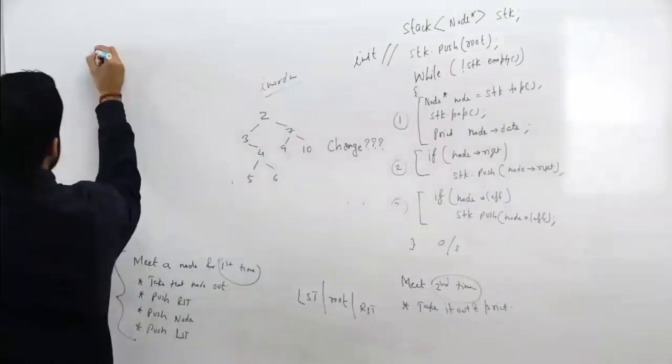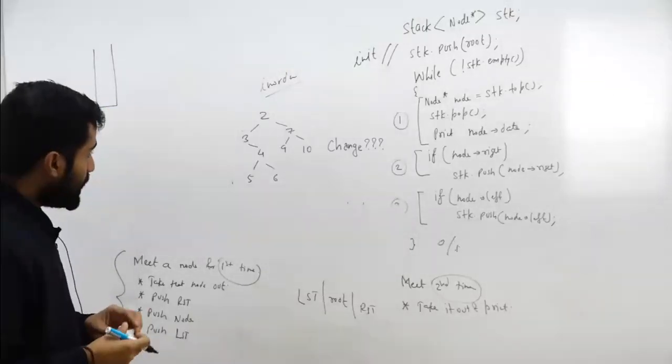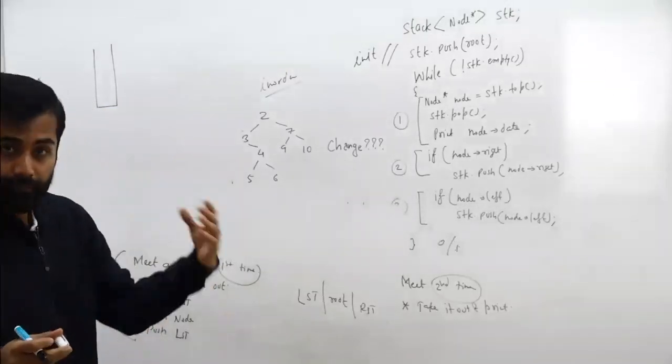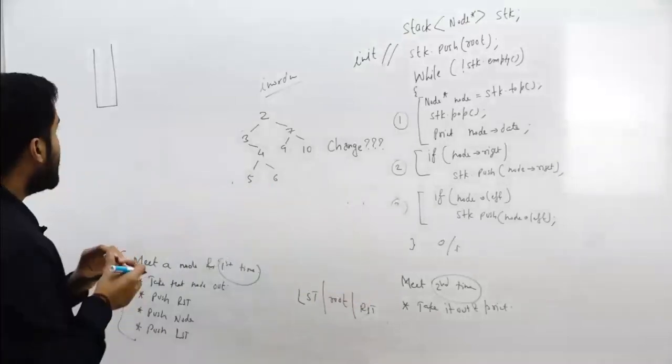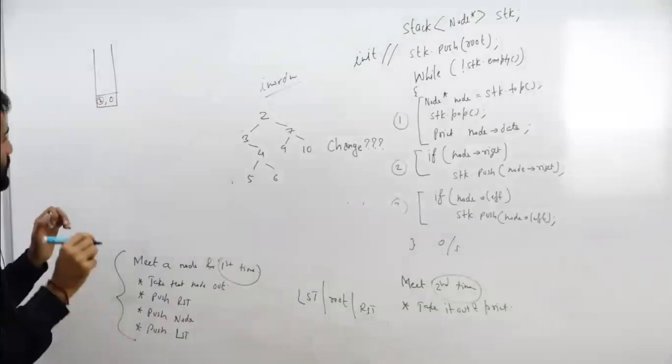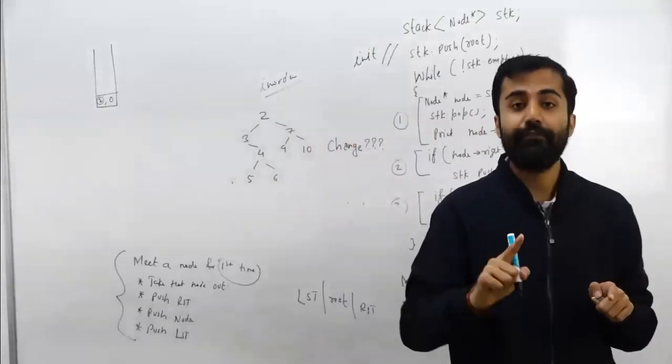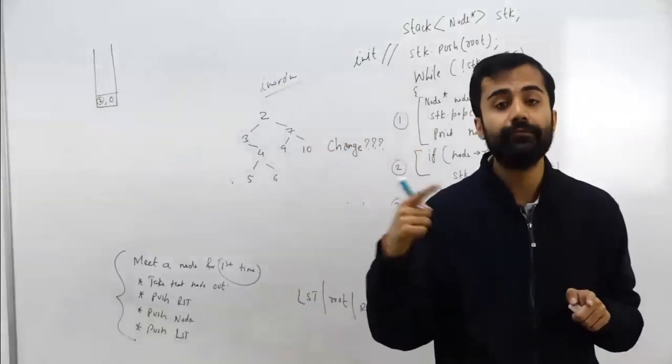So let's say we have a stack. In order to check whether a node is being visited the first or second time, along with the node, I'll push a flag. So flag 0 means it is being seen for the first time, and flag 1 would mean it is being seen for the second time.